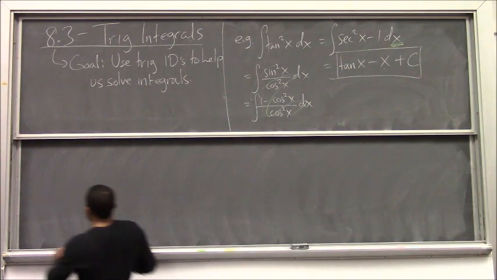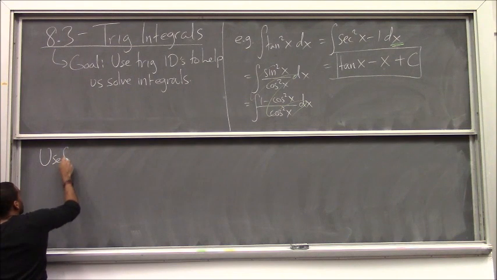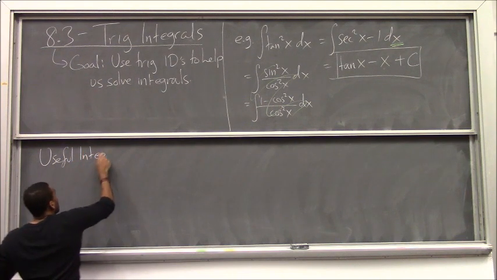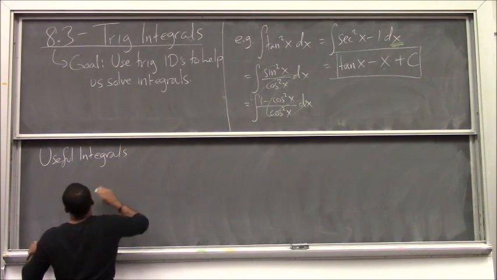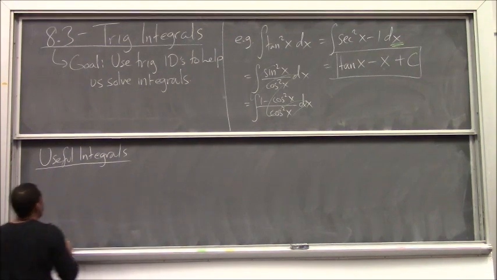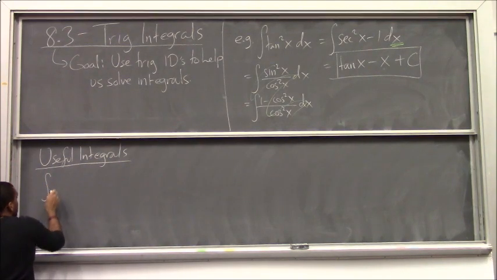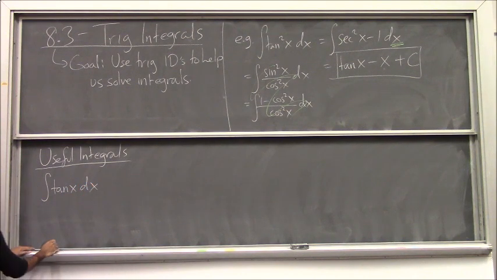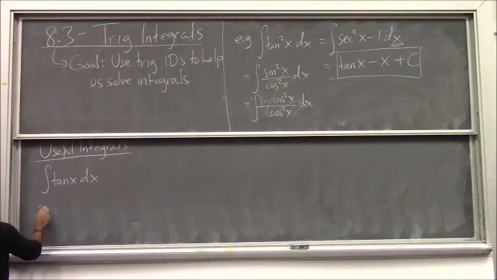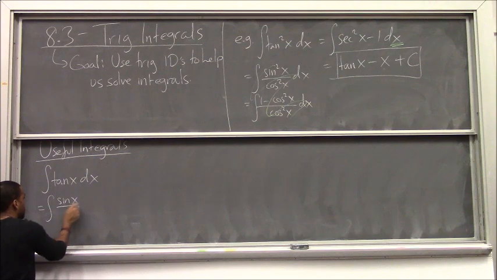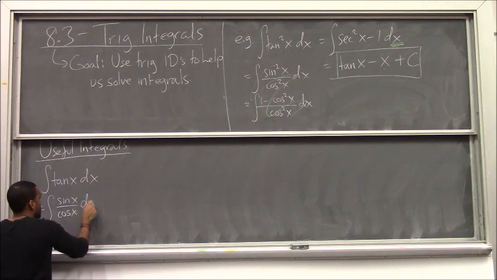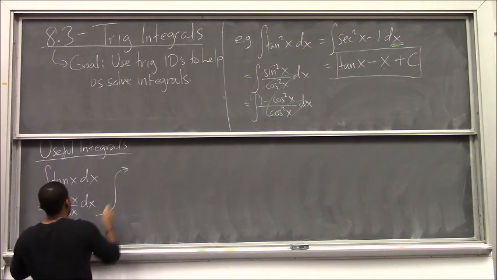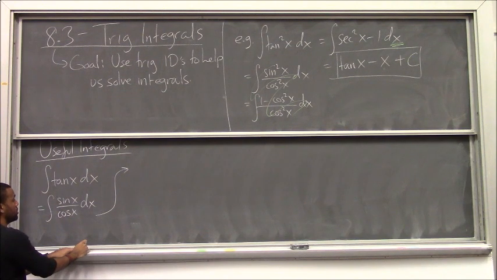So some other useful integrals. We all know the integral of sines and cosines, but do we know the integral of, say, secants and tangents? How do we do this integral? Let u be cosine.